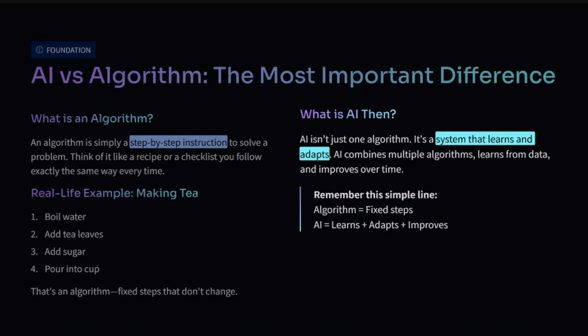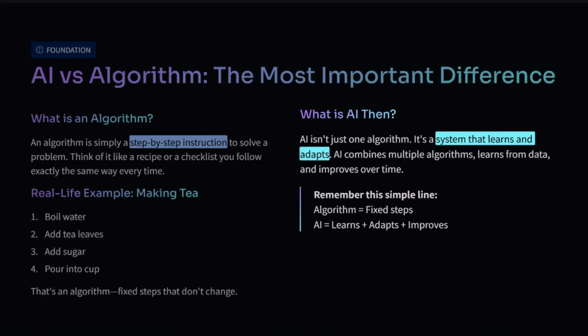So an algorithm is a fixed set of steps, whereas AI is something which learns and adapts. Yes, there are a lot of algorithms helping AI, but it is not limited to only algorithms. It is adaptable, and it improves over time based on our feedback and a lot of other things.